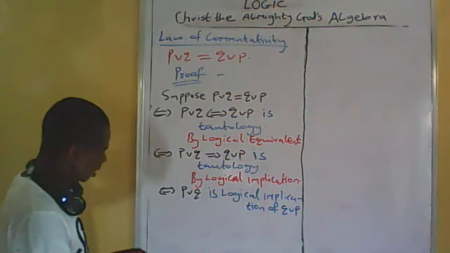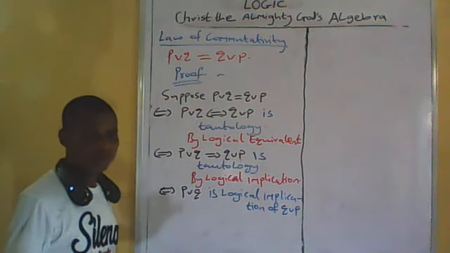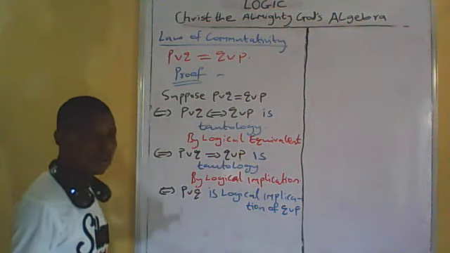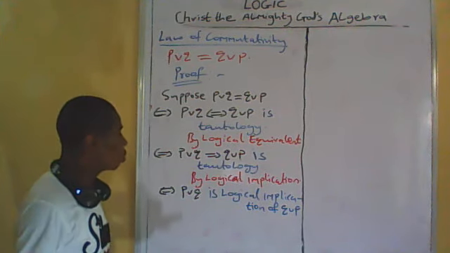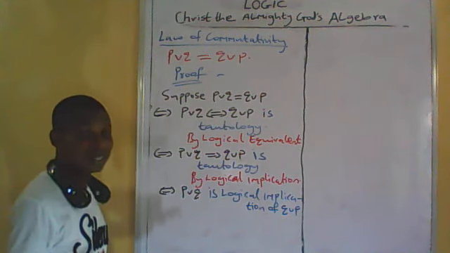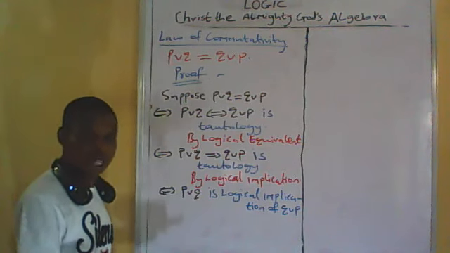That means the antecedent is a logical implication. It is certain that P or Q proves Q or P. That means it is certain that the antecedent proves the consequent.